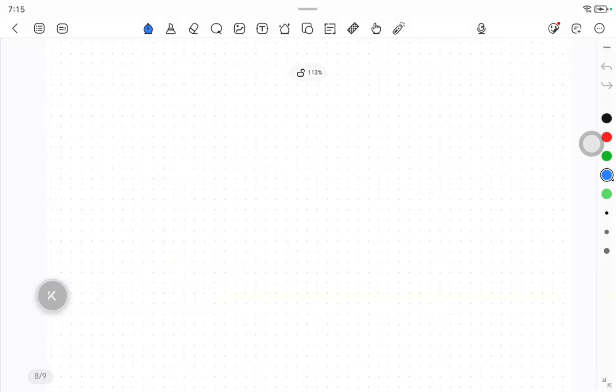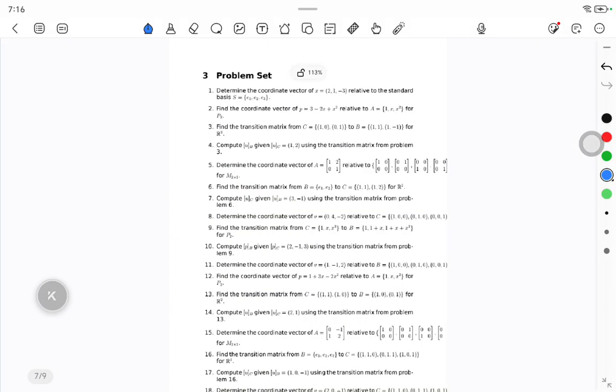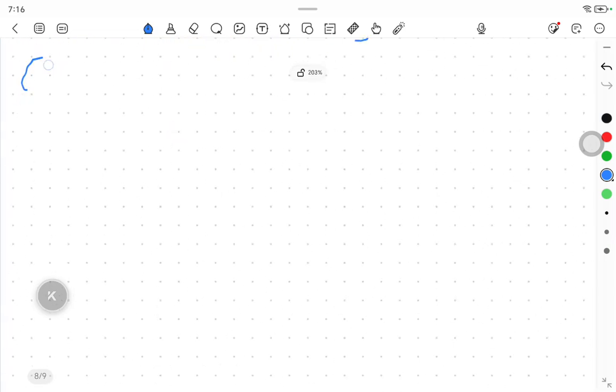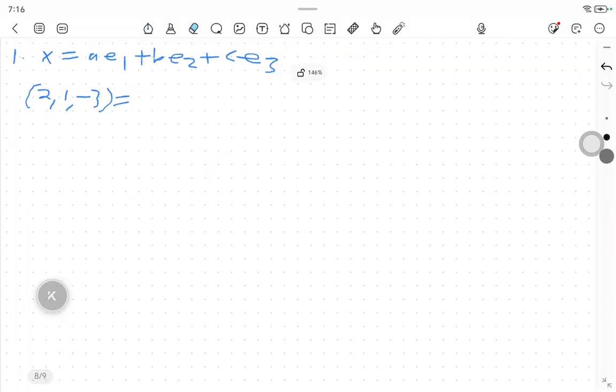We are going to say that x is equal to a1 plus b a2 plus c a3, and our x is 2, 1, minus 3, which is equal to, and here we have our E1.